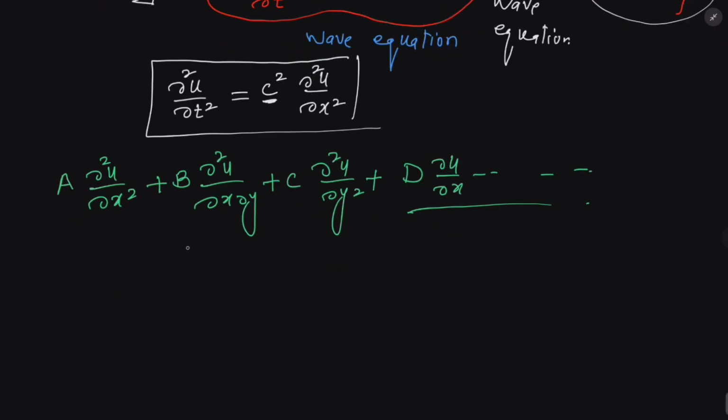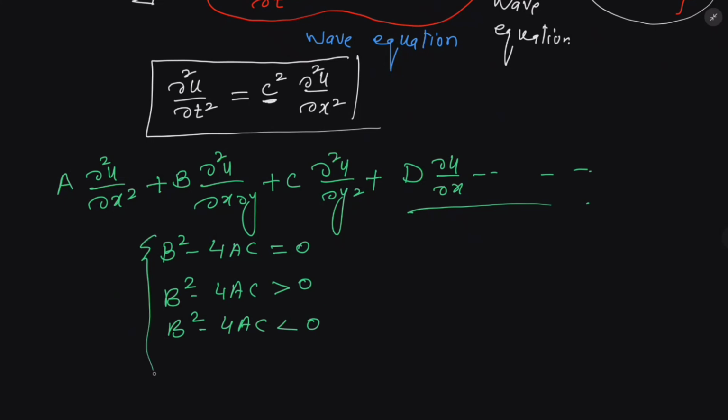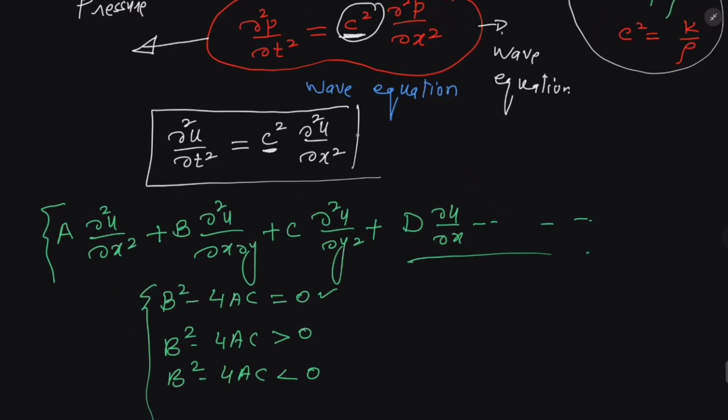According to that theory, b square minus 4ac can be equal to 0, greater than 0, or less than 0. So you characterize your partial differential equation as parabolic, elliptic, or hyperbolic. Here we can also say that this is a hyperbolic equation.